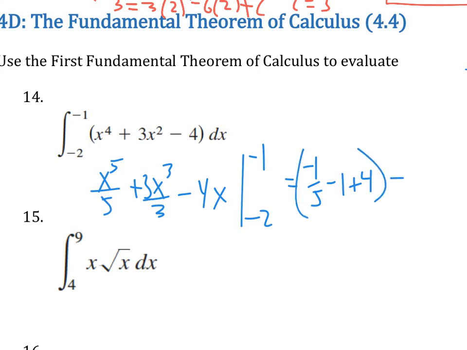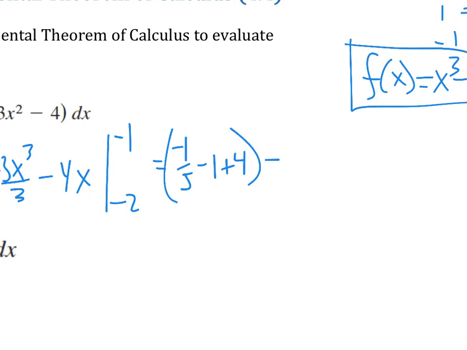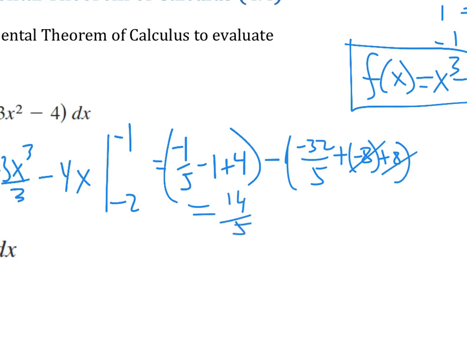And we're going to subtract, when we substitute -2 in there, we get -32 fifths plus -8 plus 8. And those go away. With a little bit of simplifying, this will be 14 fifths plus 32 fifths. And so that's going to be 46 fifths. Beautiful.